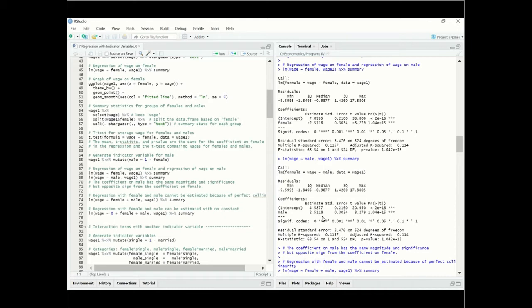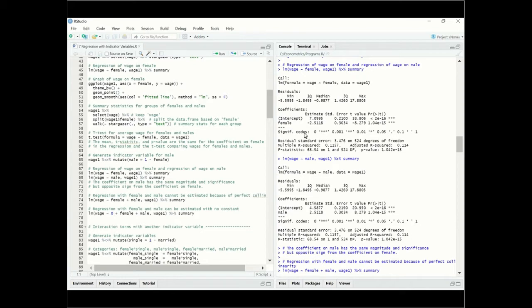So notice two things. The first one is that the coefficient on female is exactly of the same size, the same magnitude, and also exactly the same significance. The only thing that's different from this coefficient to this coefficient is the sign. So here it's a negative, here's a positive.